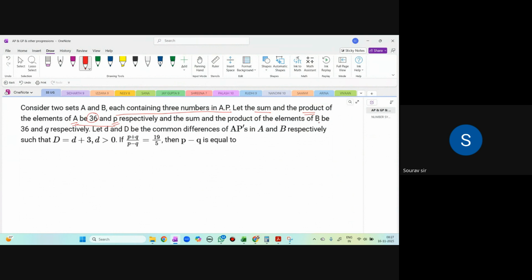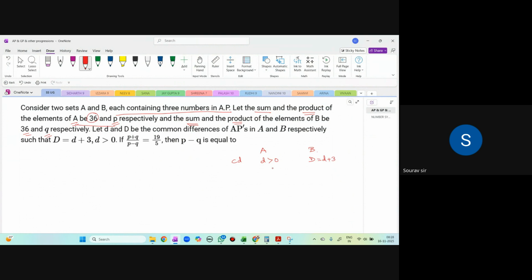Sum and product of elements of B: sum is 36, product is Q. Let small d and capital D be the common difference of APs in A and B respectively, such that capital D equals small d plus 3. So let's summarize this. I have A and B, where the common differences are small d and capital D, and the relationship is capital D is equal to d plus 3, and small d is greater than 0. This is what is given.